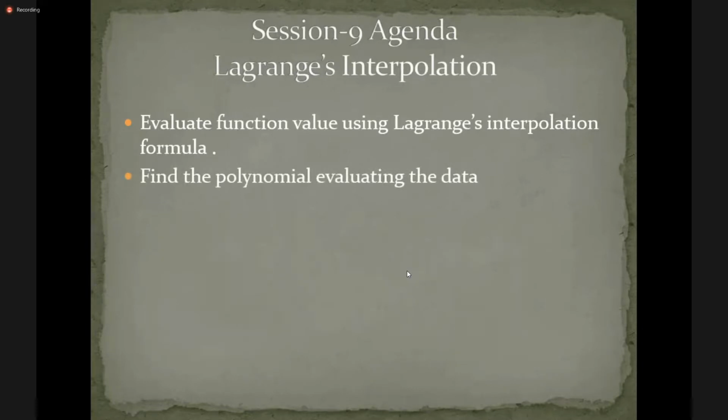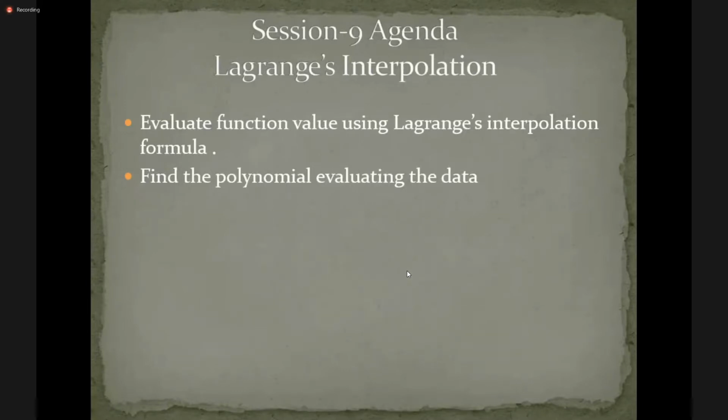So all 3 methods have the same purpose, that is, all 3 methods can be used to interpolate, to find the function value at a given x. Suppose x equals 2 and we want f(x); that is interpolation. We are just predicting the value of a function f(x) at x equal to some a. And then we can also find the interpolating polynomial.